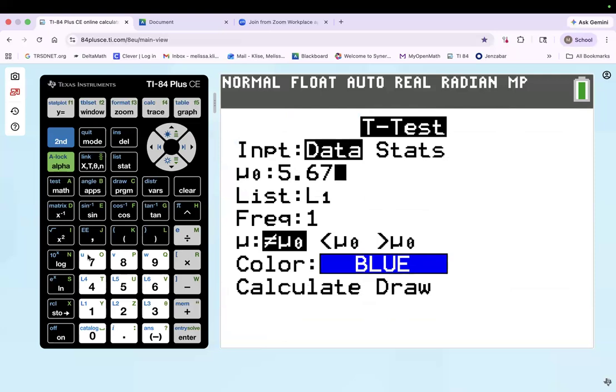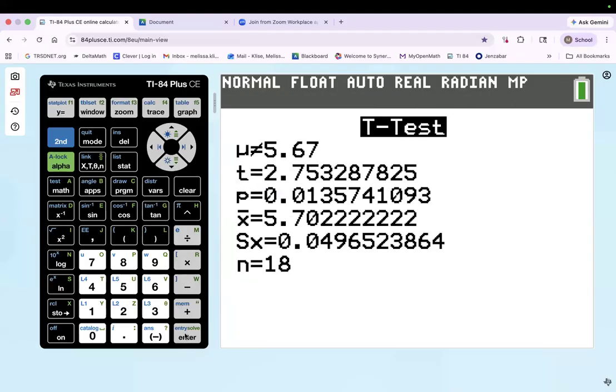So you have to type in the null hypothesis. It needs to be list 1 because that's where we just put it. Frequency, just leave that as 1, and not equal because we're looking at different. So don't forget to type in the null hypothesis up here at mean. Otherwise, you're going to be basing it off some random weird number. Okay, I'm going to go down to calculate and hit enter.